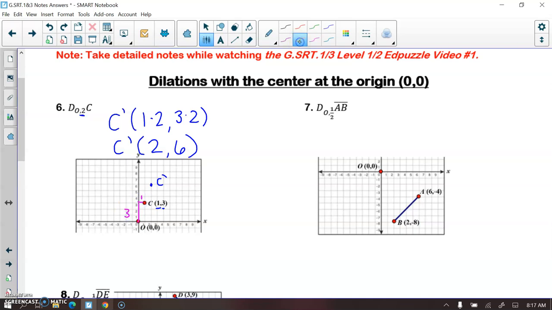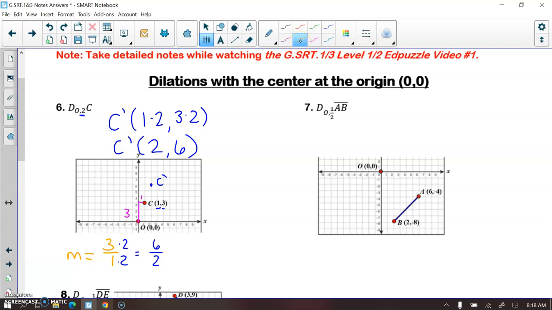I multiply both my rise and my run by 2. So my slope was 3 over 1 between O and C. And then to find C prime I multiply both my rise and my run by 2 to get a new slope of 6 over 2, and I do not reduce that slope.